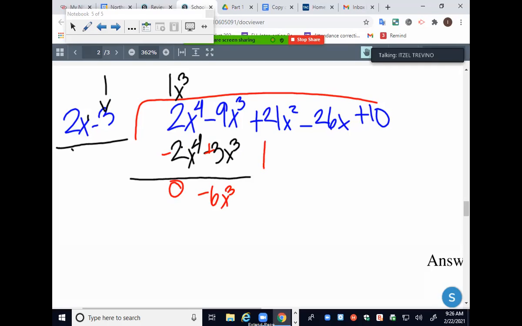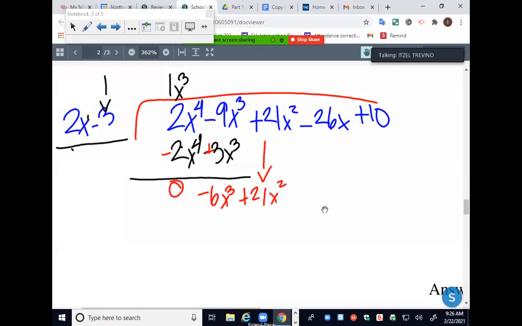And I'm going to bring down what I have next. Is that 21? It is. Okay. We have plus 21x squared.